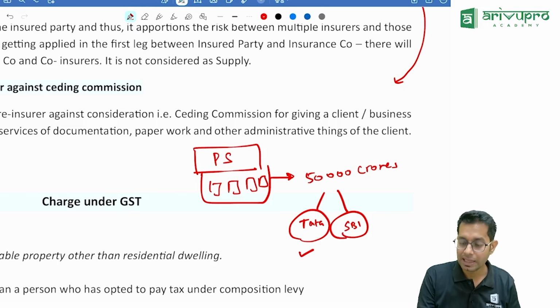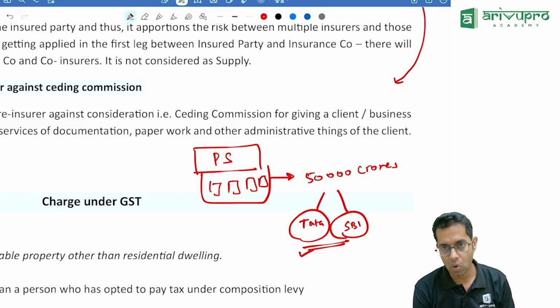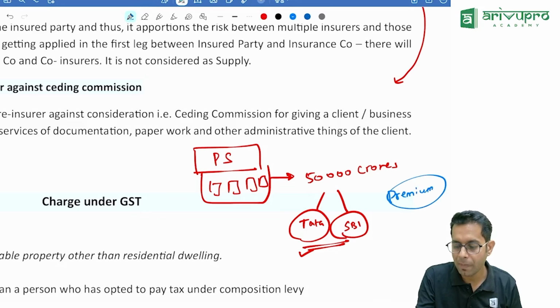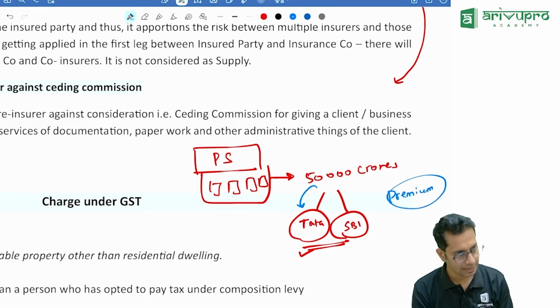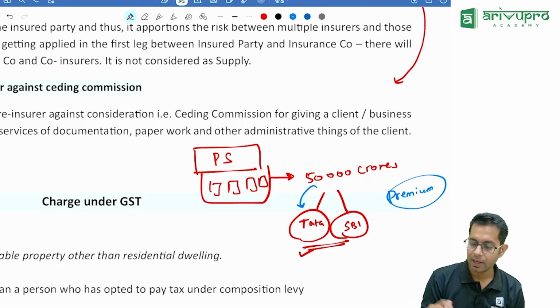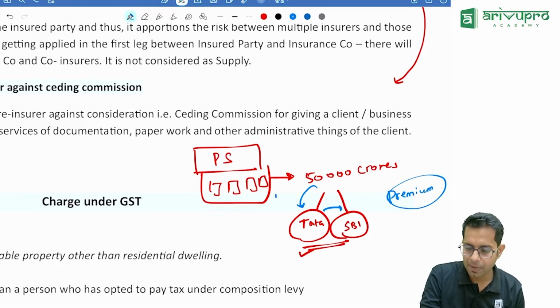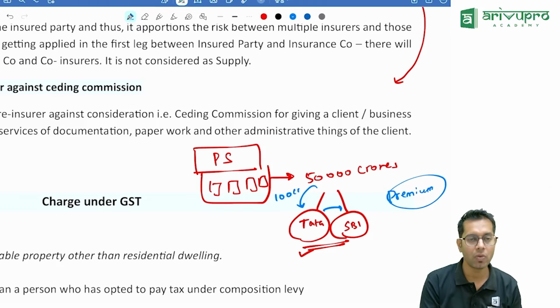So in this co-insurance scheme, whatever insurance premium I am going to pay, I am going to pay to Tata. Correct? And Tata is going to pay premium to SBI. Let us say the premium comes to 100 crore rupees, which I have to pay to Tata, and Tata has to pay a premium of 60 crore rupees to SBI.